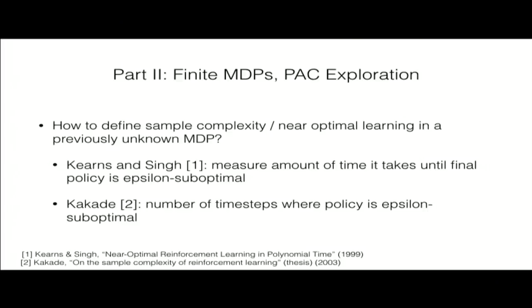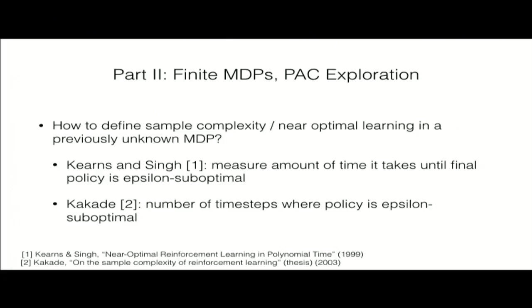This seems pretty hard because you have to both learn about the MDP, learn the parameters of the MDP, and you also have to try to exploit it to get as much reward as possible. So we talked about Q-learning in an earlier class, which we said eventually converges to the optimal policy. However, we didn't say anything about how long it takes to converge. And it turns out it sometimes takes really, really long to converge. And it converges really, really slowly.